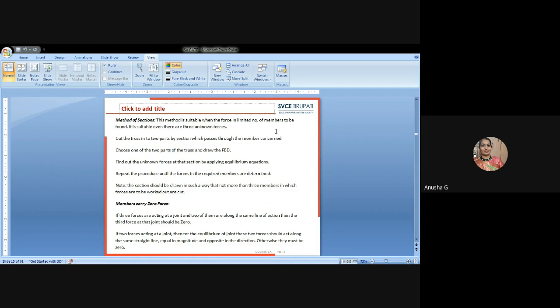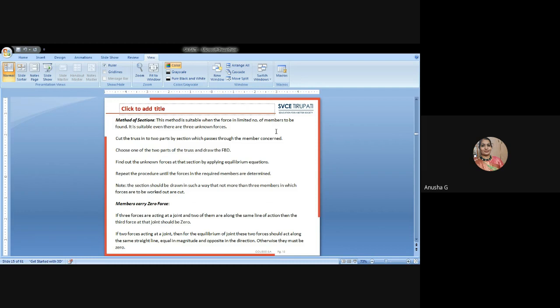The section should be drawn so that not more than three members are cut. In the method of sections, you only have to cut the section two or three times and then solve.